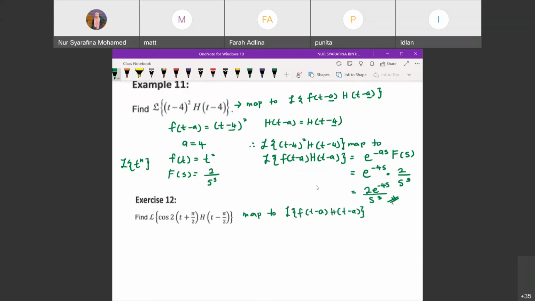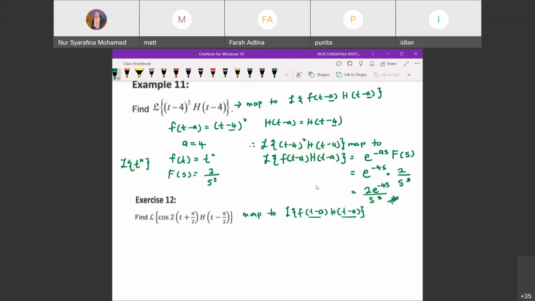But here we have plus, so we should do something here in order to make sure that it is in the form of t minus a and t minus a. Both should have t minus a. Just as in our previous example, it was in the form of t minus 4 and t minus 4, so we make sure that both have the same term. But now it is t minus pi over 2 in one and t plus pi over 2 in the other. So it is not the same, so you have to change this.